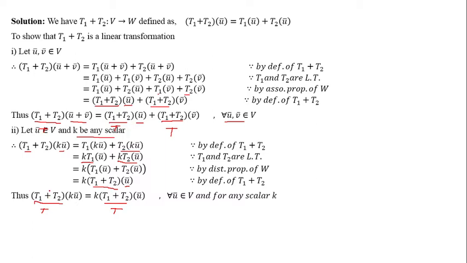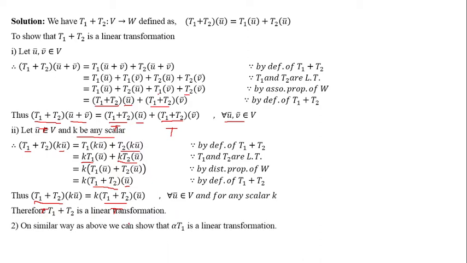Instead of T, we have T1 plus T2. So T1 plus T2 preserves the operation of scalar multiplication, and thus we conclude that T1 plus T2 is a linear transformation. It means the sum of two linear transformations is a linear transformation.